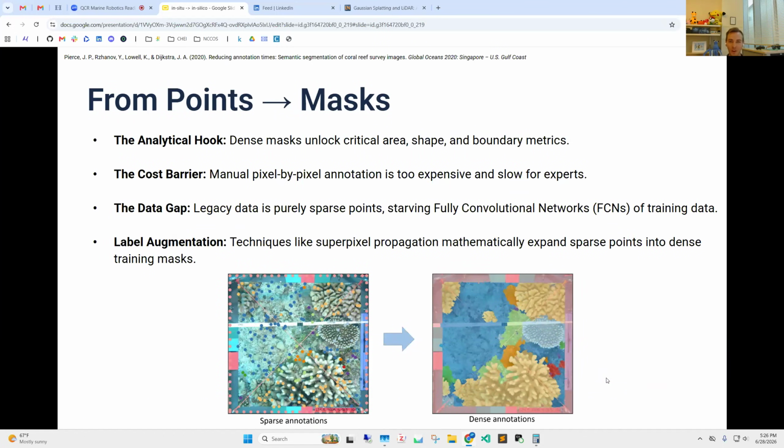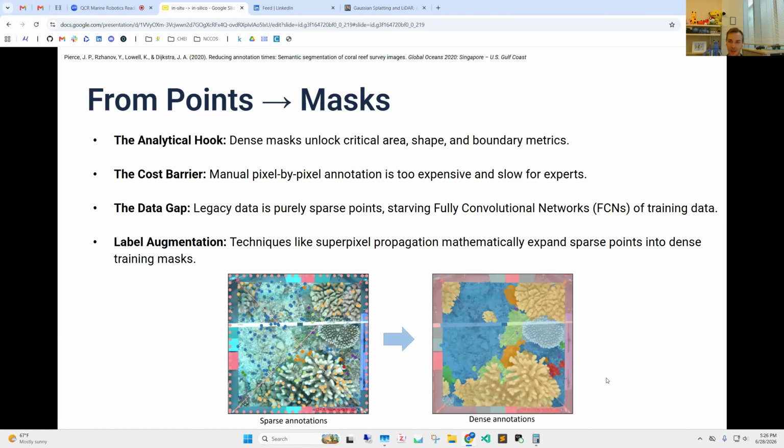But this is where they hit a wall, because historically, all you really had were point annotations. This was the de facto form of annotation. Moving towards polygons or dense segmentation masks would require a substantial amount of time. And again, I don't know the demographic of folks who are on this call, but if you've ever tried to annotate coral reef imagery data, or benthic data in general, it's really hard sometimes to know just from a 2D image what's going on.